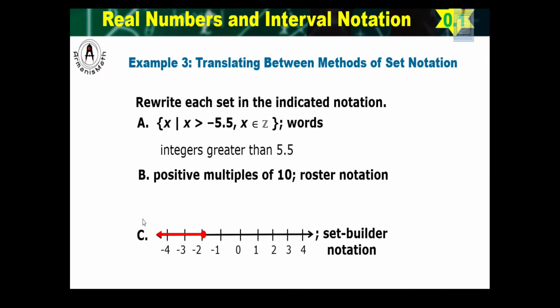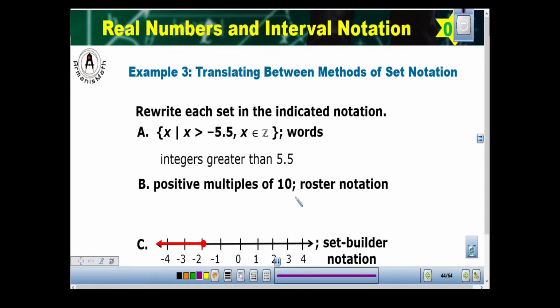Second one, B, says positive multiples of 10, use roster notation. I'm not sure why they did that to us, but that's not what I would choose. If you want to build a roster, you should always start with the curly bracket. And then multiples of 10: 10 times 1 is 10, that's 20, that's 30. I am not going to keep going because that goes all the way through infinity.